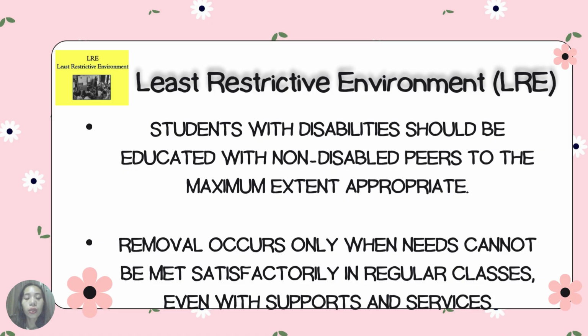When it comes to removal, removal occurs only when needs cannot be met satisfactorily in regular classes, even with supports and services. This means that a student with disability should only be removed from the regular classroom if it is proven that they cannot learn or make progress there, even after the school has provided all possible support and services.